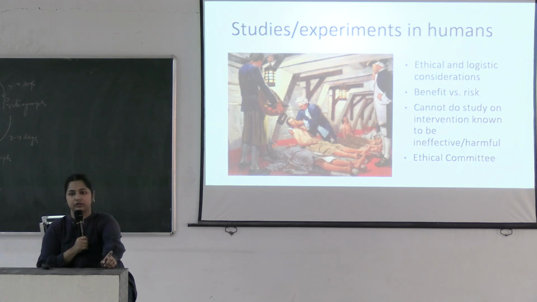After that, in 1948, after the formation of WHO and the human rights groups, they put forth conventions that yes, experiments or studies can be done in humans, obviously, because otherwise research will stop. But they have to follow some ethical guidelines or practices.